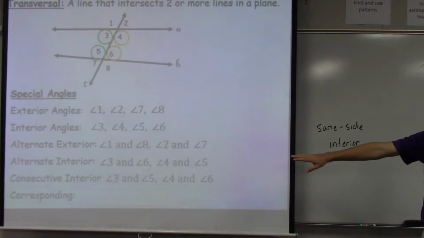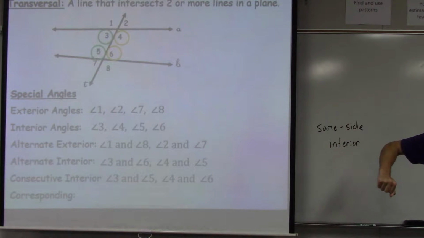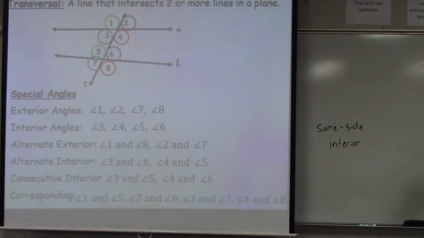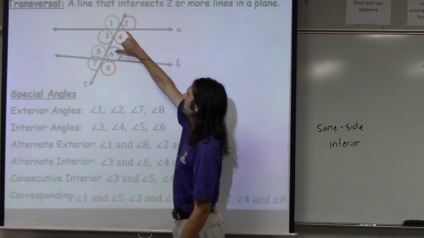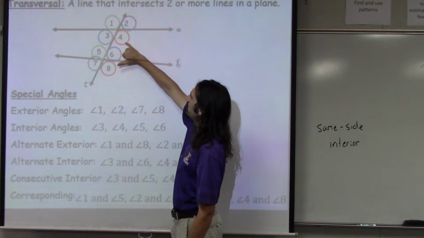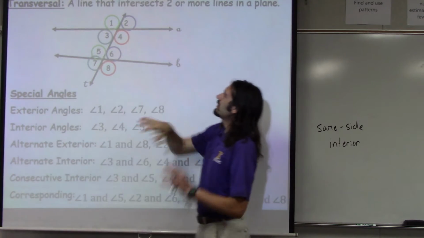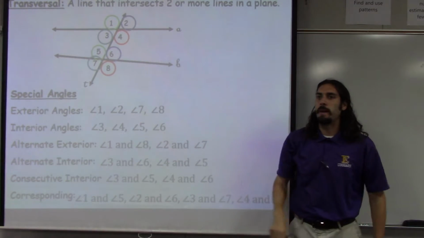And then finally on our list we've got corresponding. And corresponding basically is this. We've got 4 colors instead of 2. Corresponding, I want you to imagine right here. Green goes to green, purple goes to purple, red goes to red, blue goes to blue. The whole thing's a little messy, but here's what I want you to imagine.